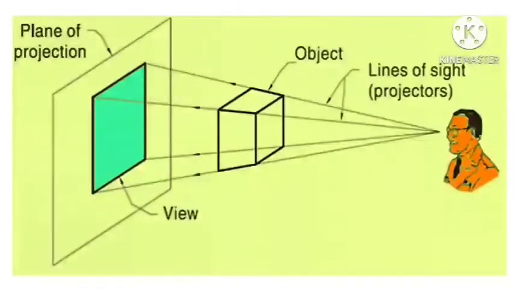But in the real case, the plane of projection is an imaginary plane, and we will be assuming that a plane of projection is there in front of that object. But in reality, the plane of projection will not be there. It's an imaginary plane.